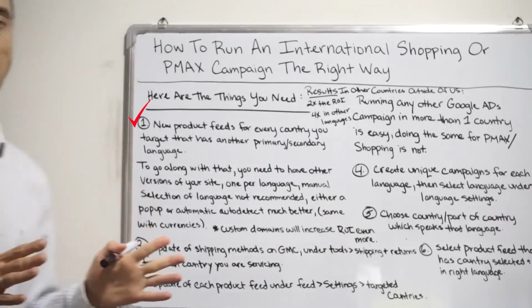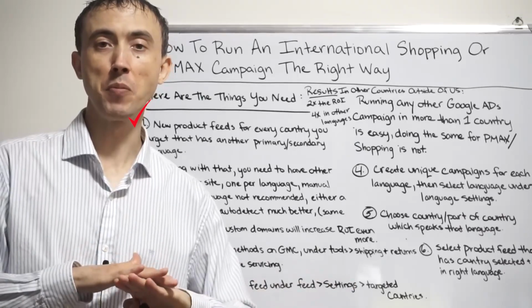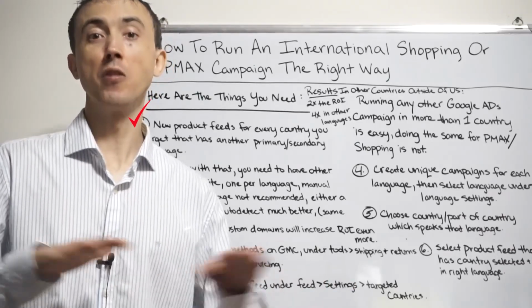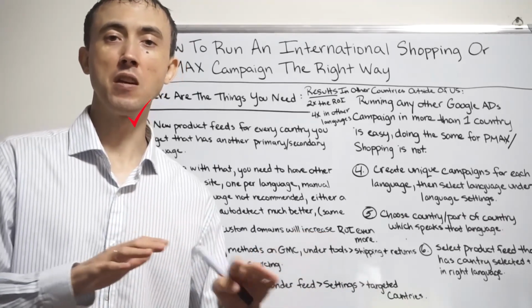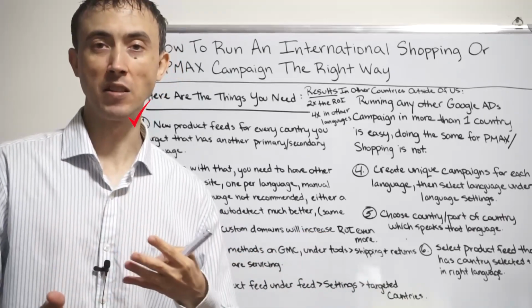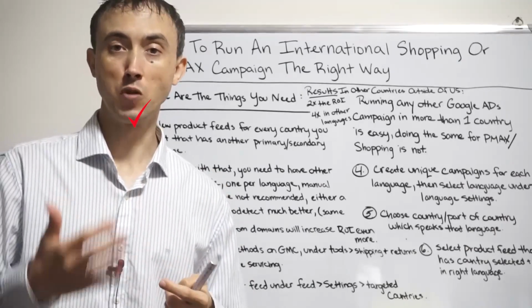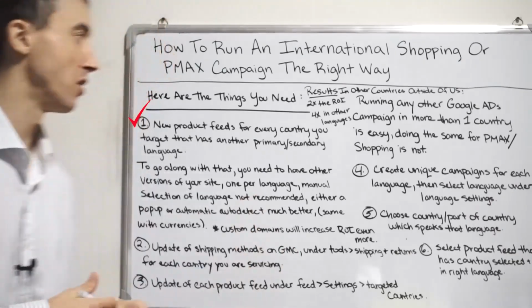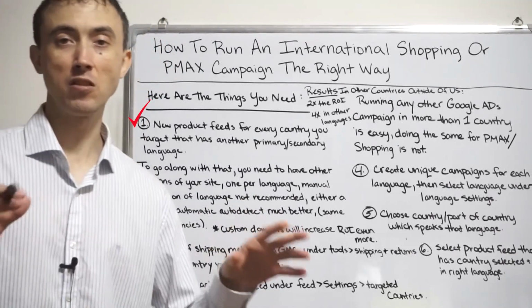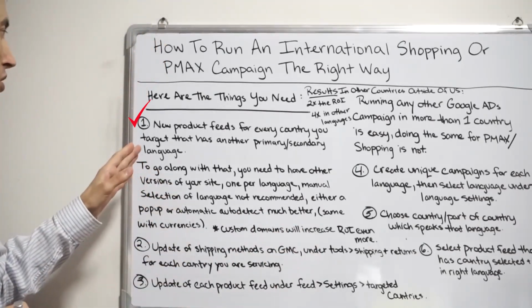And the answer is no, you do not, unless you're going to be marketing to people in different countries that speak languages other than the language your site is in, and that you started out with in shopping or PMAX in the first place. So if everything is targeting one language, you only need one feed. That's the first thing to mention.